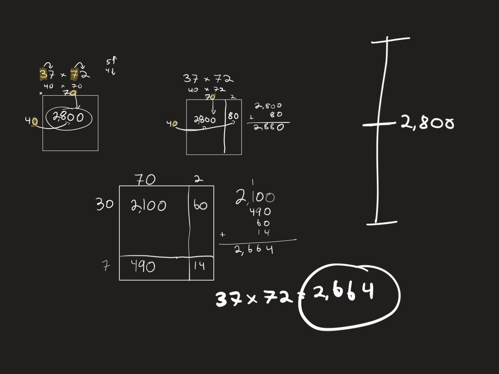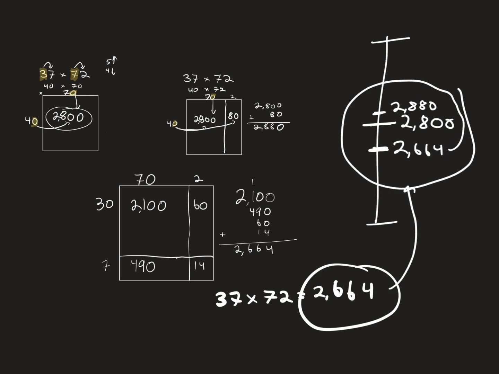And then my second one, where I rounded only one number, I have it slightly above at 2,880. And my actual answer came in just a little short of that, 2,664. So this is a good way to check, am I within reason of this?